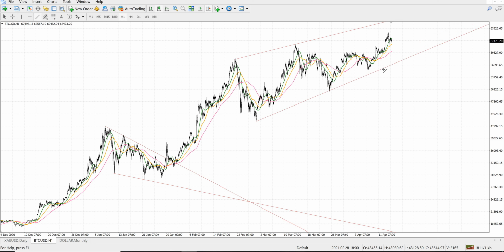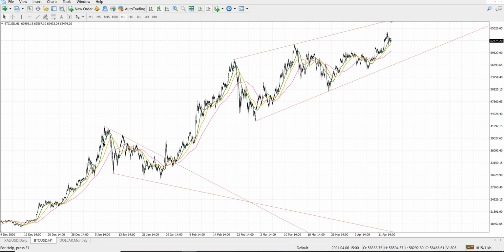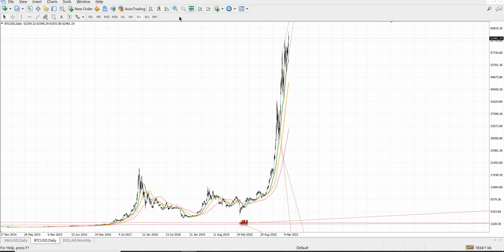I mean, I guess it doesn't really concern me because we know it's coming. So, but this is your falling wedge, which indicates it's going to go up, and then you have your rising wedge, which is indicative of it going down.